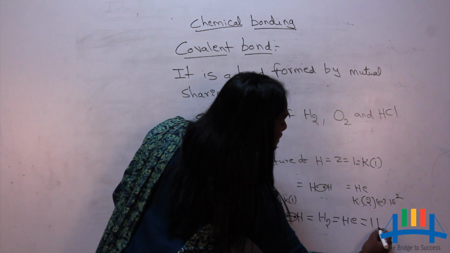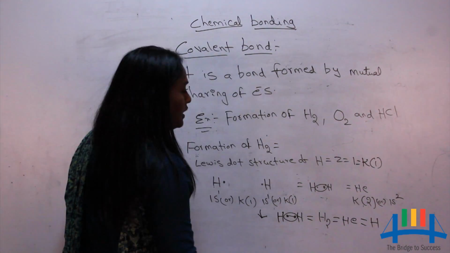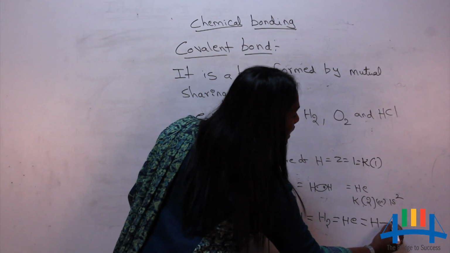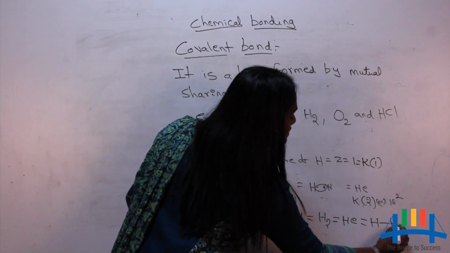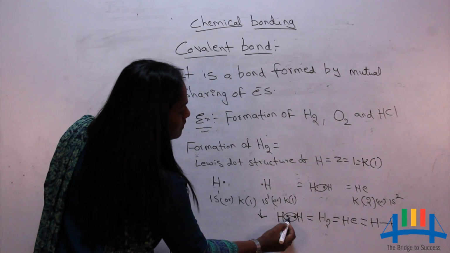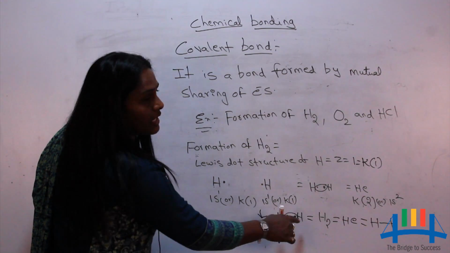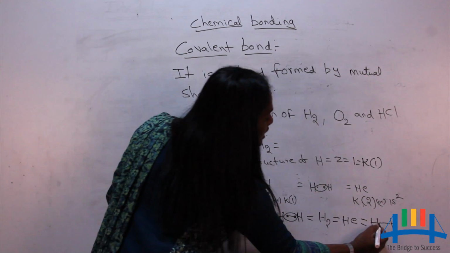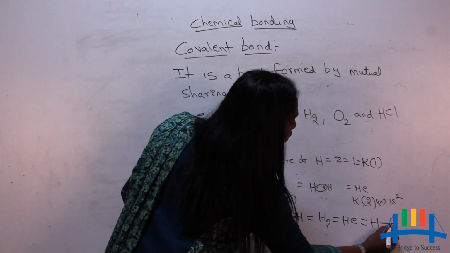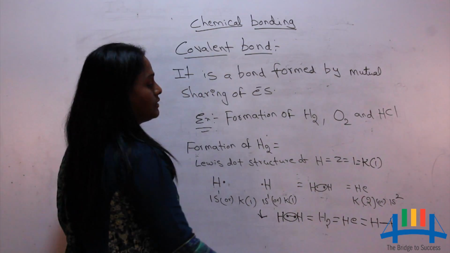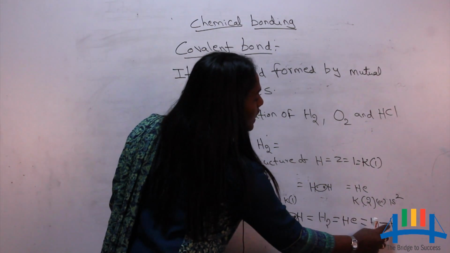A covalent bond is represented by a sleeping line instead of writing the dots. This indicates mutual sharing, and the line indicates a bond formed by the sharing of two electrons.